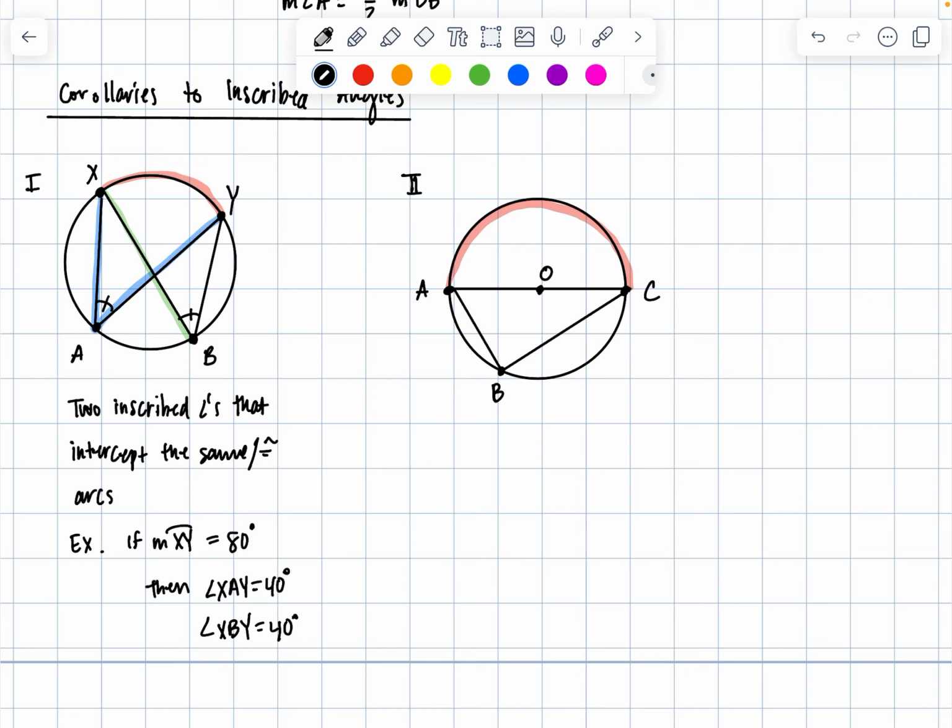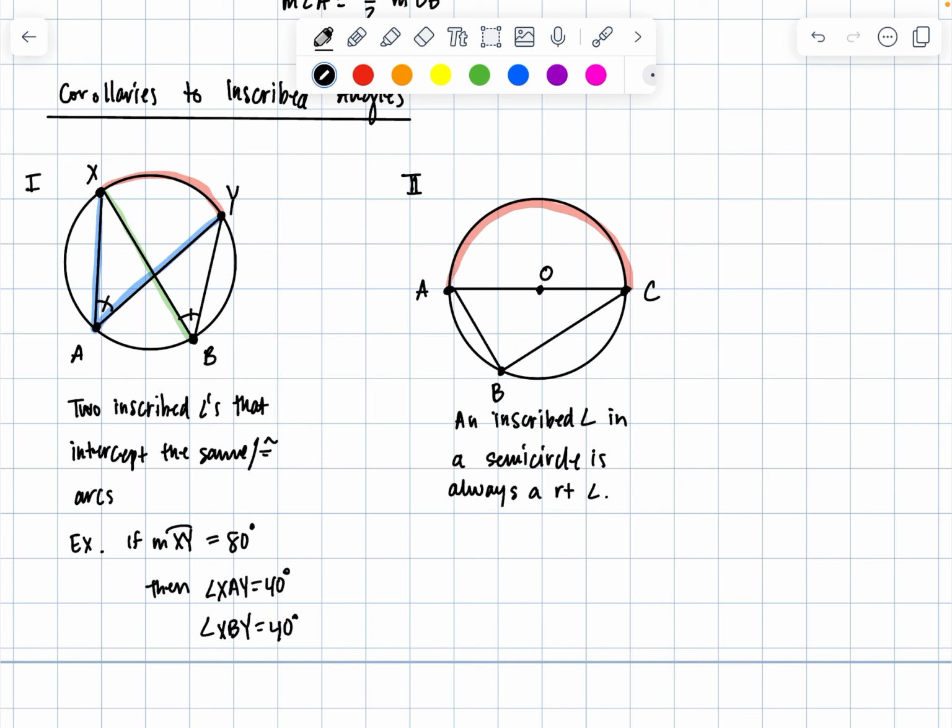All right, so this is the case where an inscribed angle in a semicircle is always a right angle.